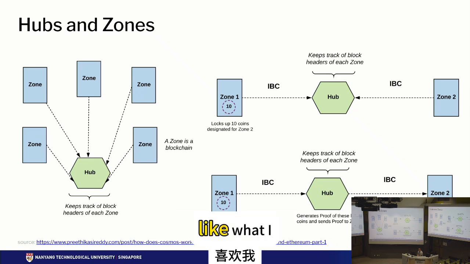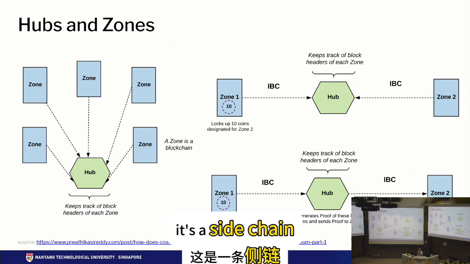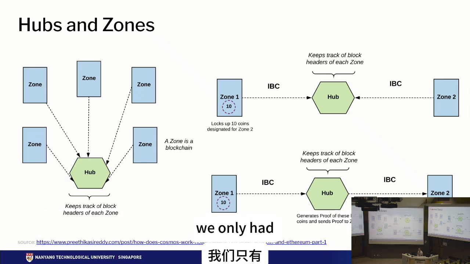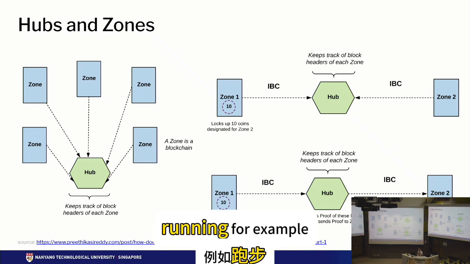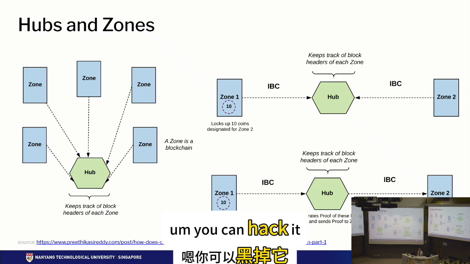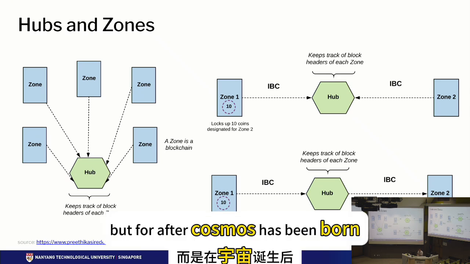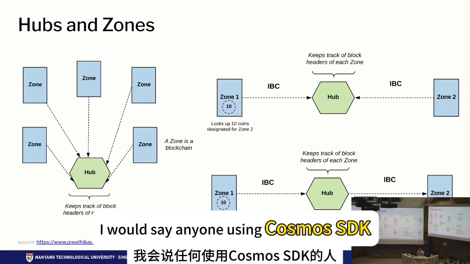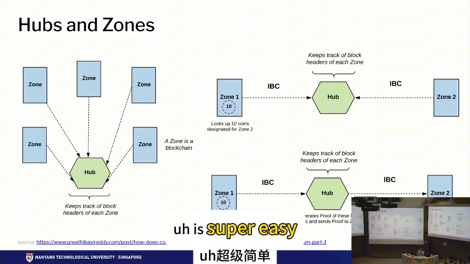Like what I explained last lecture on the Ronin chain, it's a side chain. We only had, for example, 7 validators running. You can hack it easily, with only 6 validators. But after Cosmos was born, anyone using the Cosmos SDK can get two blockchains to communicate with each other super easily.